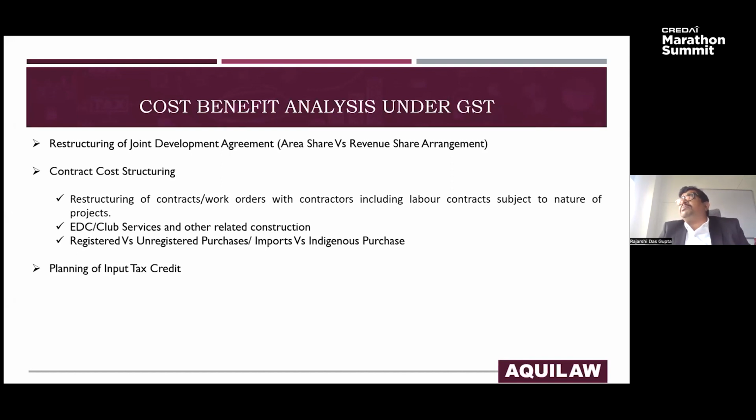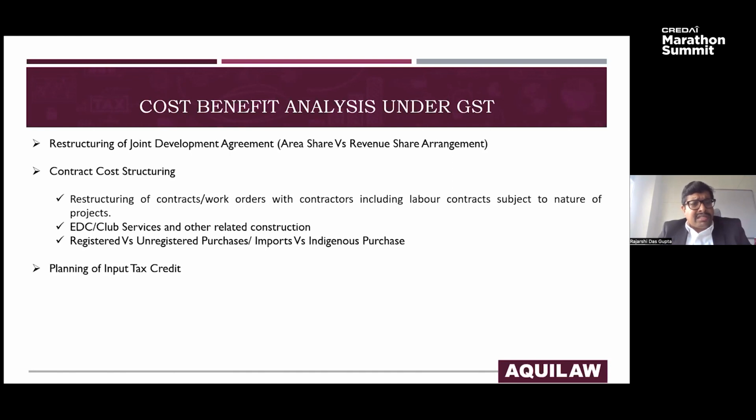So if those areas can be properly worked around, there might be a reduction in the overall GST costs which the developers currently have. I'm not saying that nobody is doing it. I think everybody might be doing it, but I thought of putting it in perspective with the current scenario, because every day the cost is going high and things are really getting difficult for the developers.